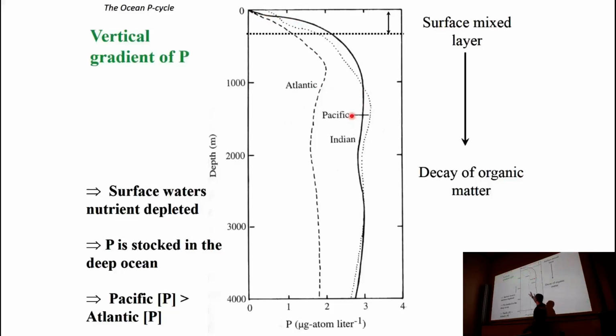You can see that the Atlantic is less concentrated than the Pacific and Indian Oceans, because in those oceans the deep water has been down there longer and has accumulated more nutrients from organic material raining down from above. But we also have cycling within the surface layer, where plants grow, decay and release their nutrients without the material actually having to sink.